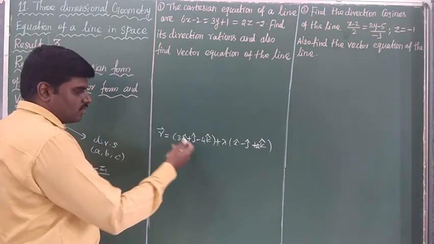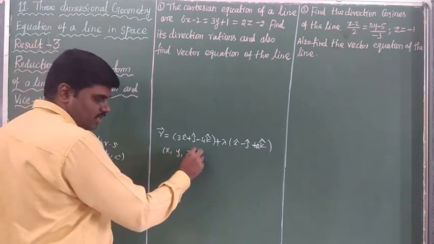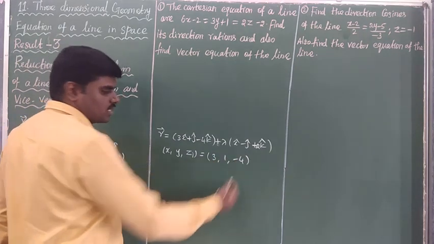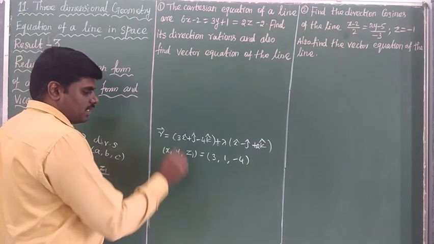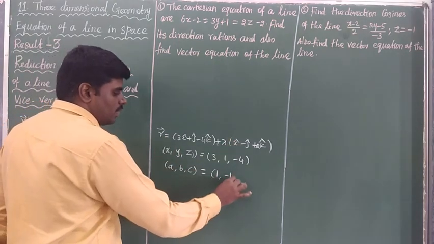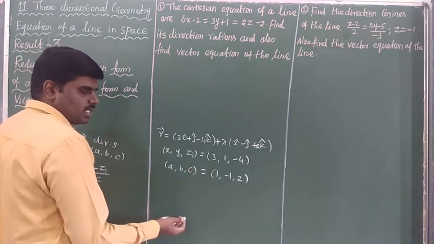What's the point x1, y1, z1? The point is 3, 1, minus 4. Understood? Now, what's the direction ratio of the given line? a, b, c: 1, minus 1, 2. So that is the direction ratio of the given line.